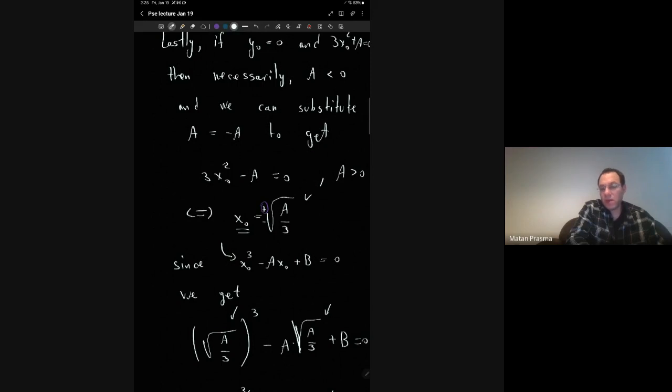So the last step says basically that the condition that y0 is 0 and also 3x0 squared plus a is 0 is the same as saying that the discriminant is 0.